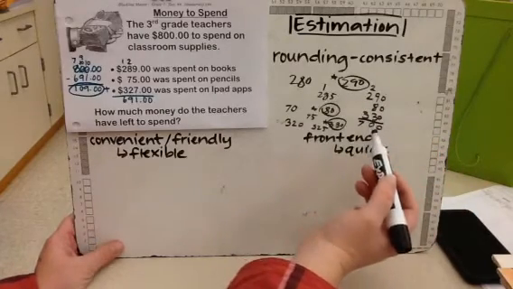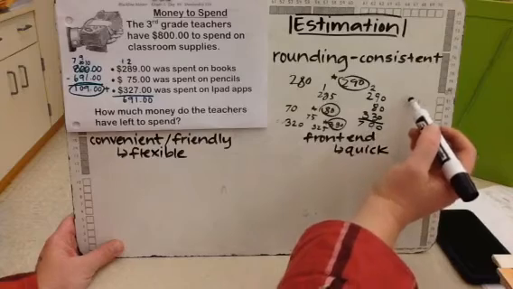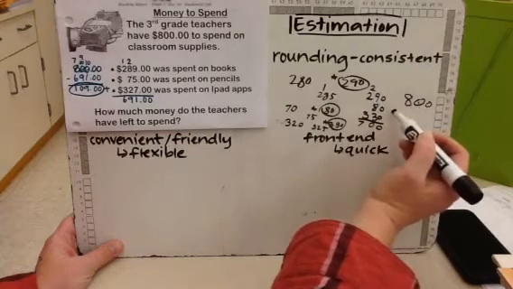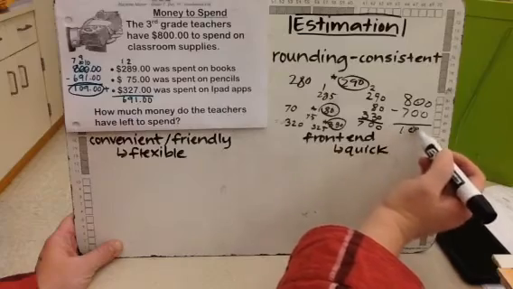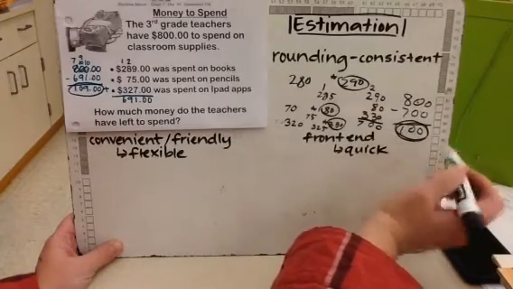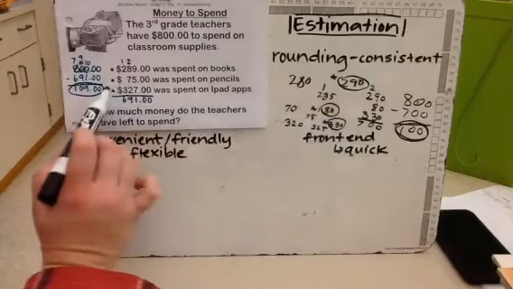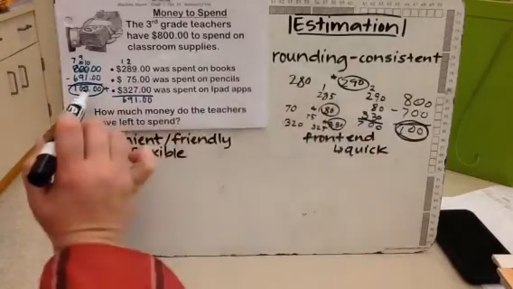So it's telling me I have about $700 to spend. So when I subtract the money I have minus about $700 that I want to spend, I have about $100 left. And when I check for reasonableness, I see that those are pretty close.